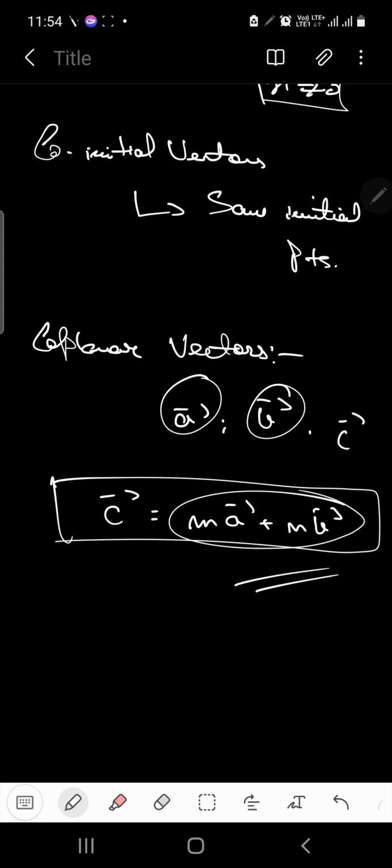If this representation is possible, where m and n are non-zero scalars, they need to be non-zero. They cannot be zero. Zero will make things different. So when m and n are non-zero scalars and c can be represented as a linear combination of a and b, then the three vectors come out to be coplanar vectors.